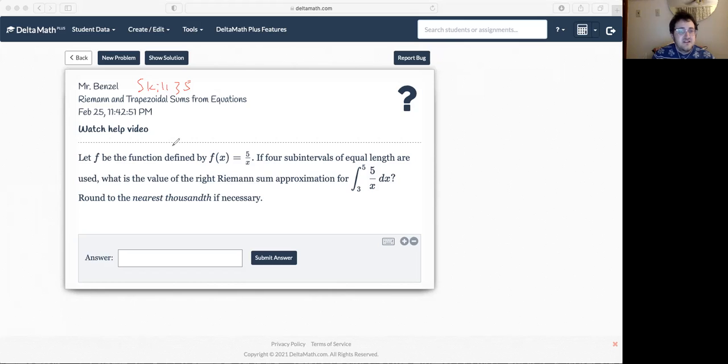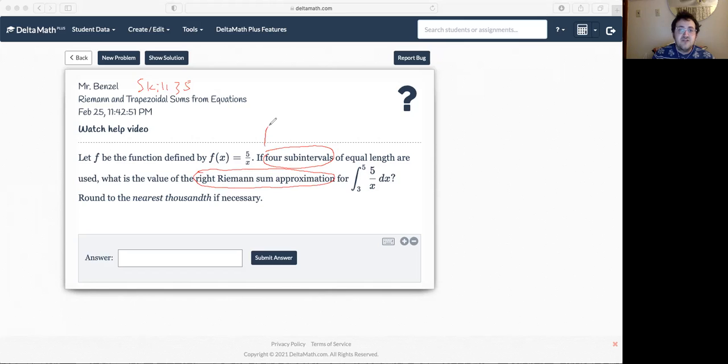All right, so what they are going to always give you, I'm going to circle some important information here. The first thing is 4 subintervals of equal length are used, and we are using a right Riemann sum as well. So I like to circle those terms.